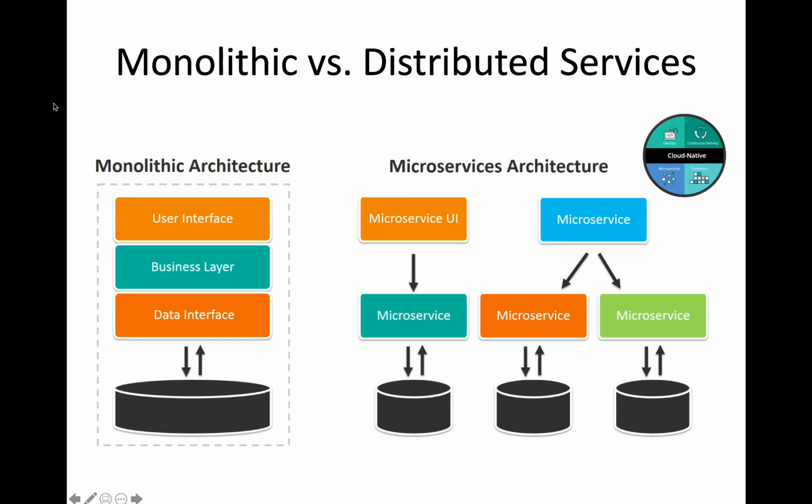Or it could mean that our application is partitioned into different layers, where I have one layer that's supporting the user interface, one layer that's supporting maybe the business logic, and a third layer that is supporting data. And this is commonly referred to as a 3-tier architecture.